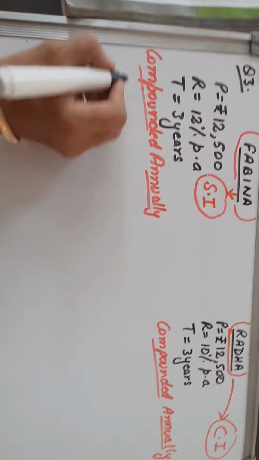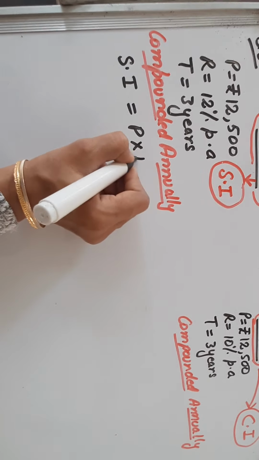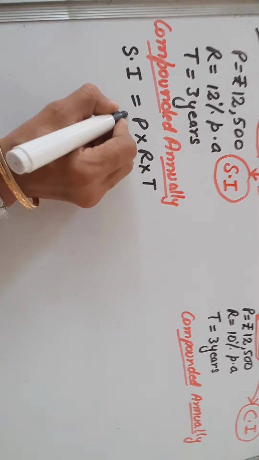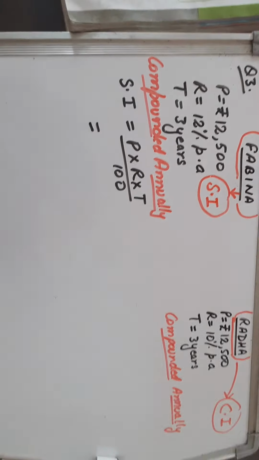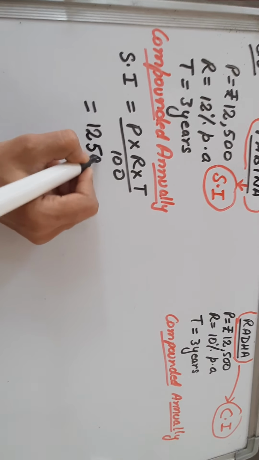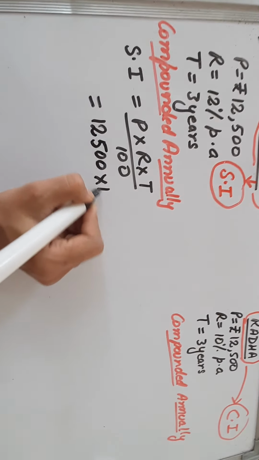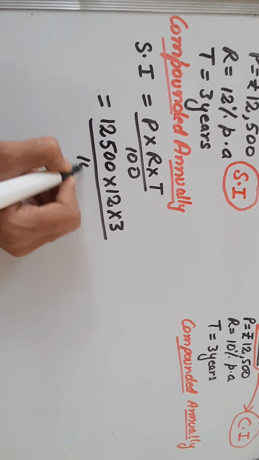So for simple interest, the formula is P into R into T by 100. So P means 12,500 multiplied by 12 multiplied by 3 divided by 100.